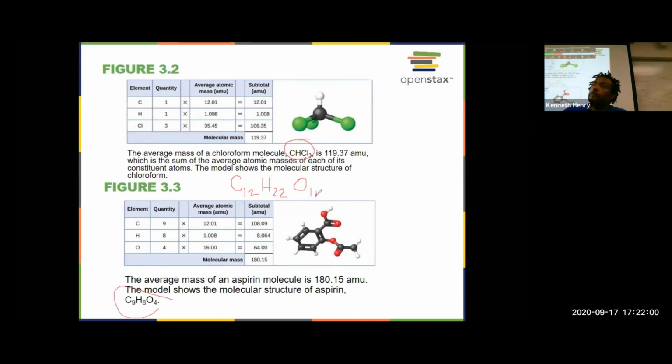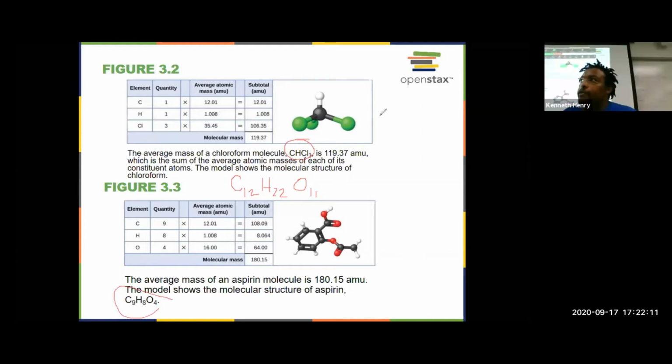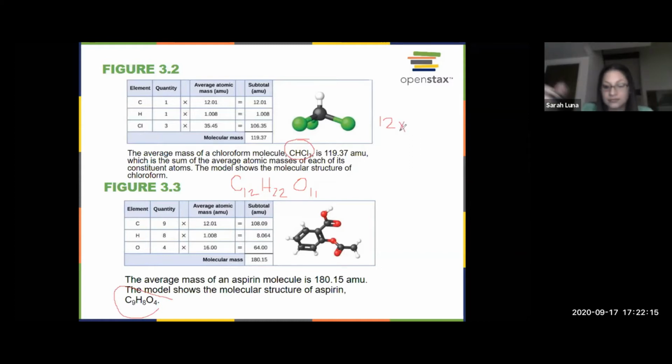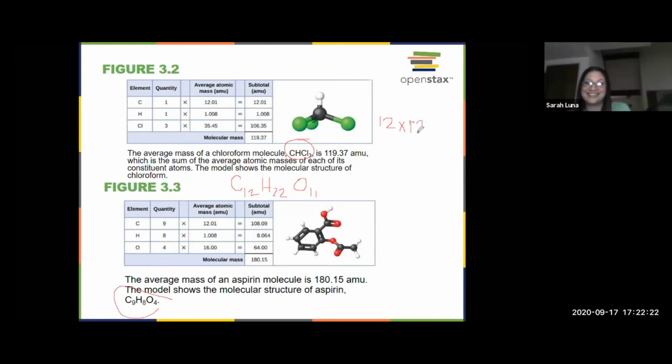So what am I going to do if I want the molar mass? Carbon 12 times 12 is 144.